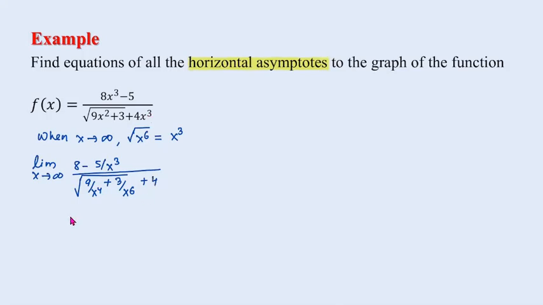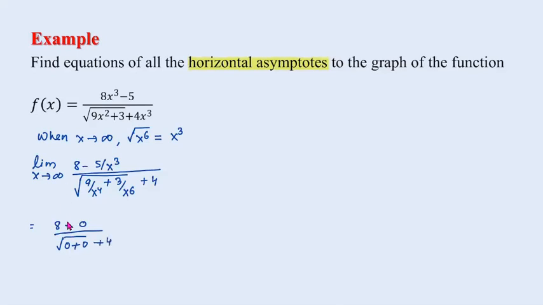Now, while calculating the limit here, in fact, you don't need to write the limit, because what we see is when x approaches infinity, this will be 0, this will be 0, this will be 0. So what is remaining is 8 minus 0, divided by inside the square root 0 plus 0, and then plus 4.